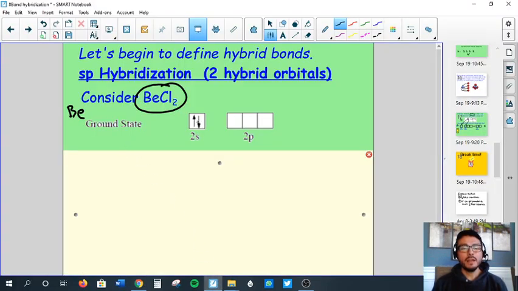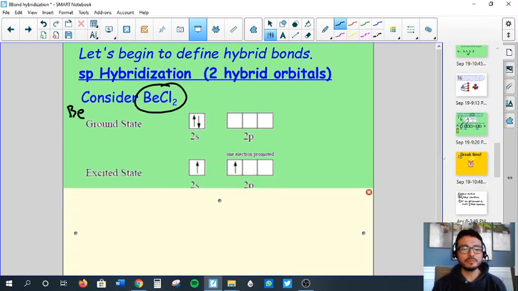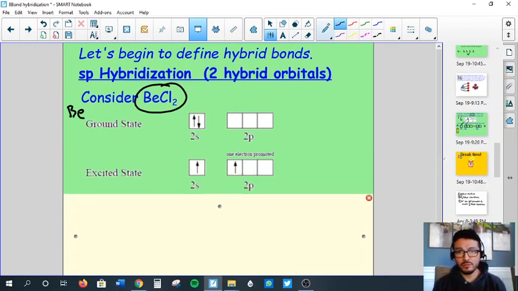It doesn't have any suborbitals that can create a bond. These are all empty and these are all full. So it's going to promote into what's called the excited state. This electron is going to move into the 2px suborbital, and that's what it looks like in this excited state.